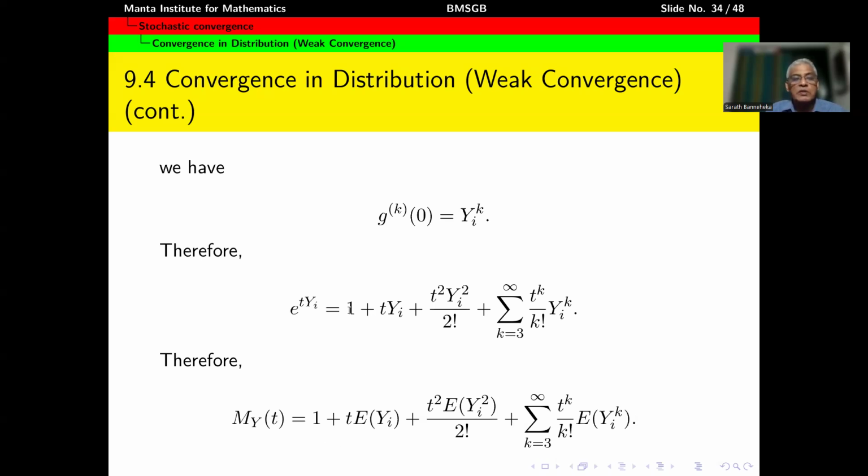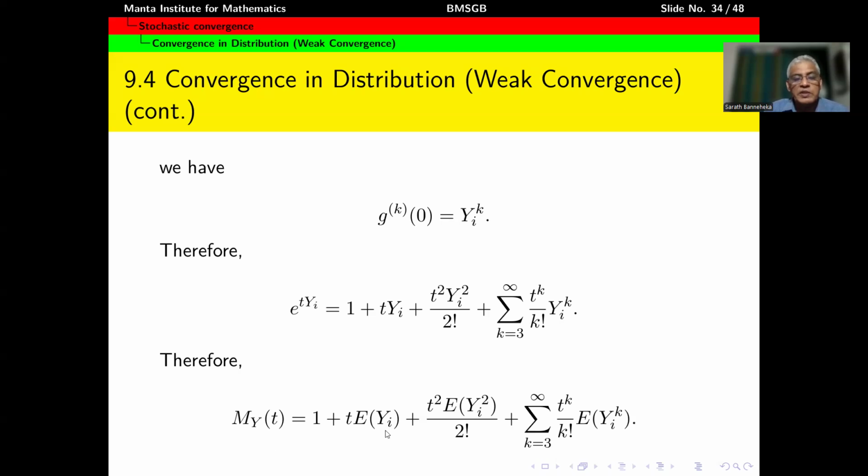So that is going to be 1 plus t times the expected value of Yi, plus t square over factorial 2 times the expected value of Yi square, plus and so on, summation t to the power k divided by k factorial times the expected value of Yi to the power k. So that's the moment generating function of Y.